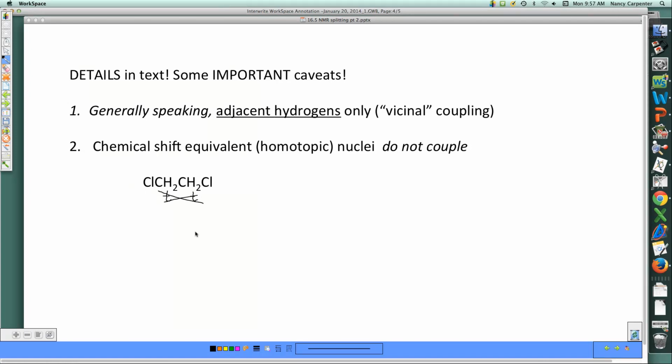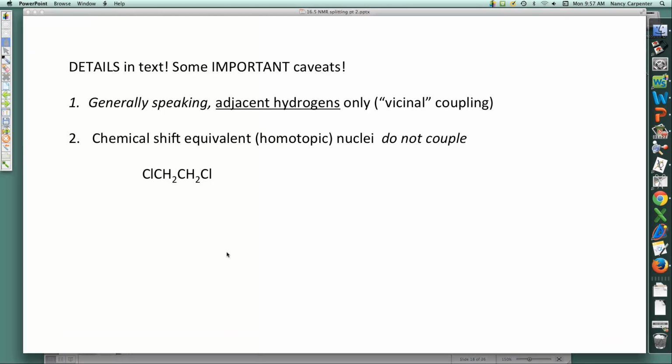But it's not the case because all 4 of those are identical, and therefore the proton NMR spectrum for 1,2-dichloroethane shows up as a nice clean singlet. Same sort of example for benzene, 6 hydrogens. They're right next door to one another, but there's no coupling, another perfectly clean singlet.